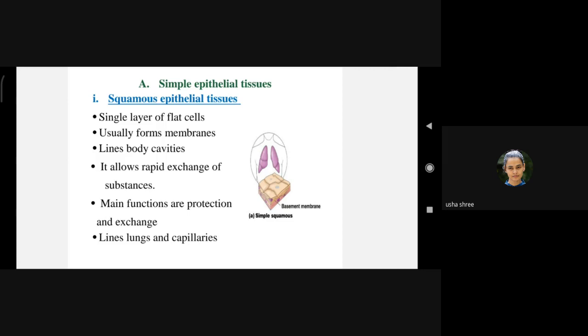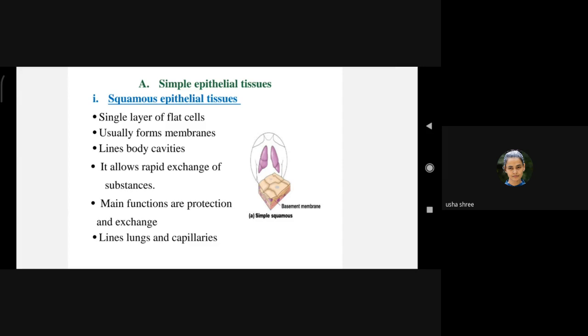It lines body cavities. When we study body cavities, the inner lining of a body cavity, or any kind of lining of body cavity or membranes, is made up of squamous epithelium. Next, it allows rapid exchange of substances. In the case of the cell membrane we have seen a semi-permeable membrane, but this is not semi-permeable.